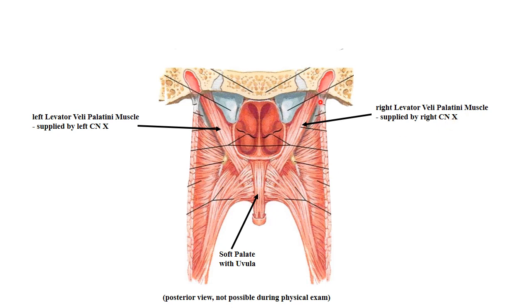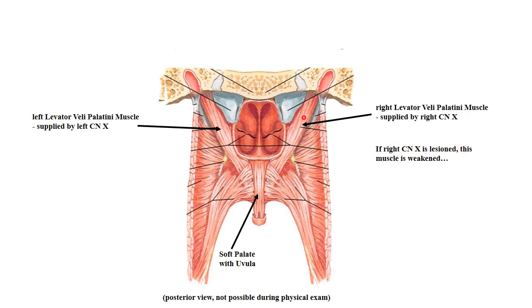So the right levator veli palatini is supplied by the right vagus, the left levator veli palatini is supplied by the left vagus. And both of these muscles are going to pull straight up on the soft palate. And we'll say we have a cranial nerve 10 lesion, okay? Let's say it's the right cranial nerve 10 that's lesioned right there.